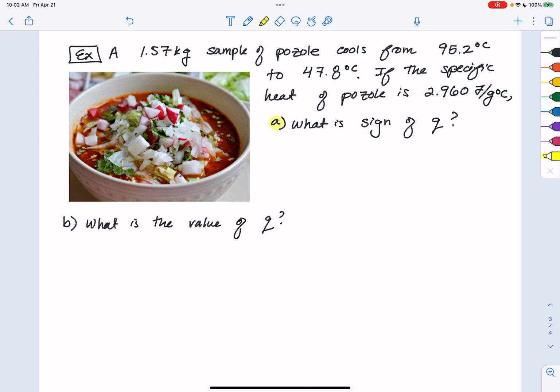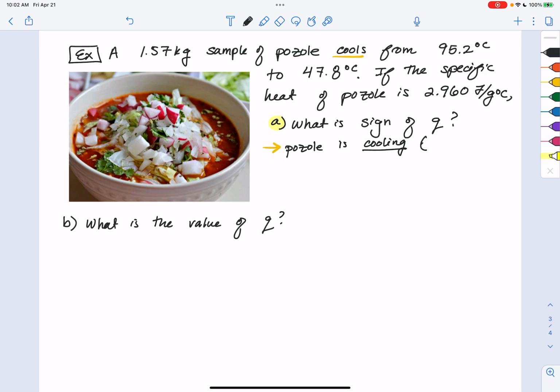What is the sign of Q, the sign of heat? Let's think about what's going on in a purely conceptual, non-mathematical sense in terms of our soup cooling. Our pozole is cooling. We know this because, one, I told you, it says cooling right here in the problem.